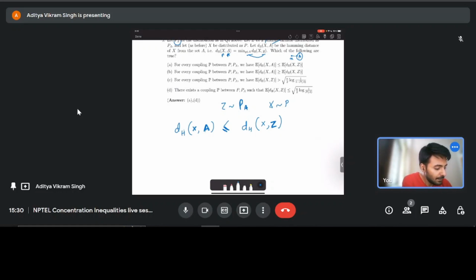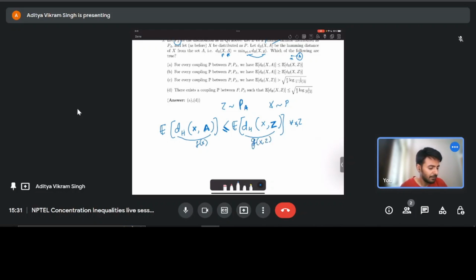So even if you now take expected value, this is true for all x comma z. So if you just take expectation on both sides, this would also be true. The left hand side was a random variable which depended just on x, some f of x, and this was a random variable which depended both on x and z, some g of x comma z.